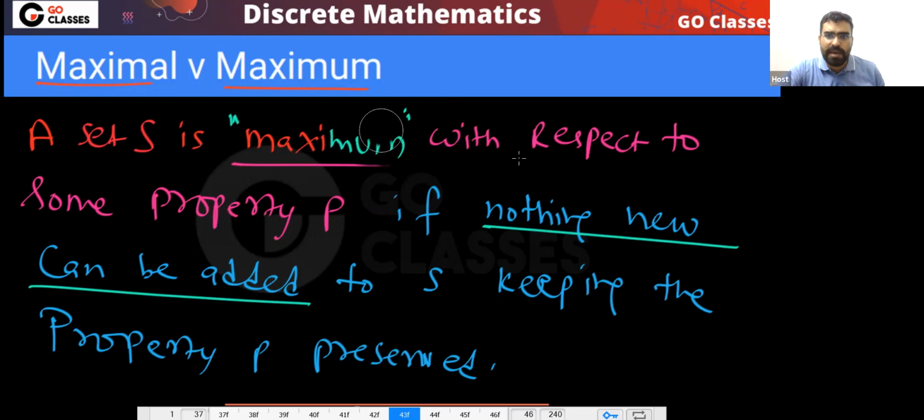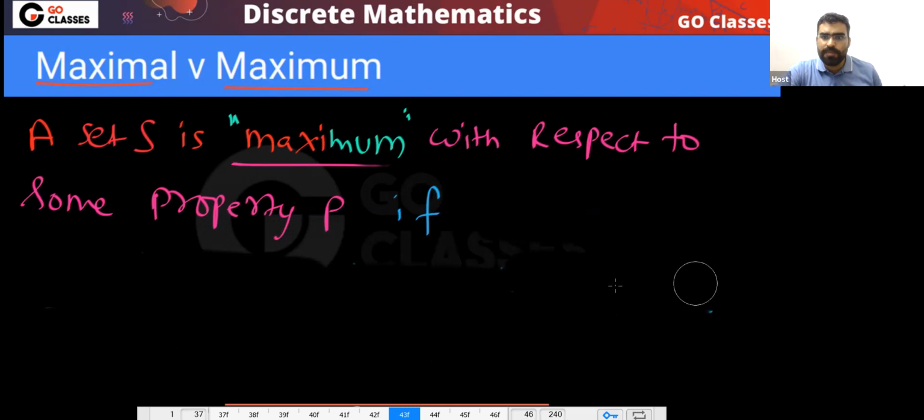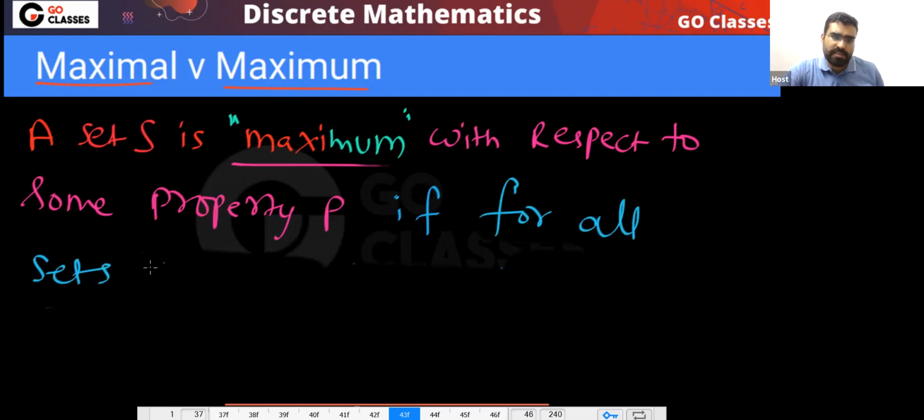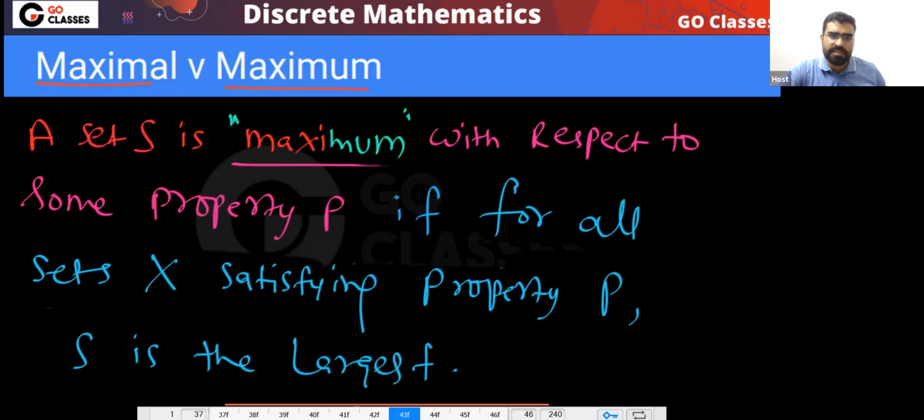A set S is maximum with respect to property P if all other sets with property P have size less than S. Very simple. So S is maximum with respect to property P if for all sets X satisfying property P, S is the largest. So among all who are satisfying this property P, S is the largest.